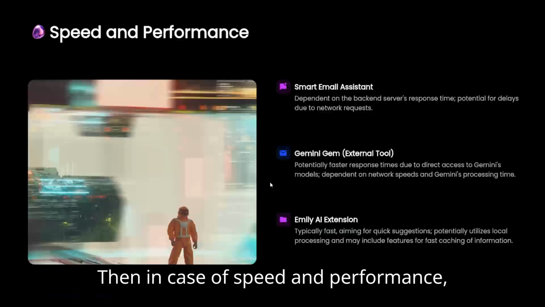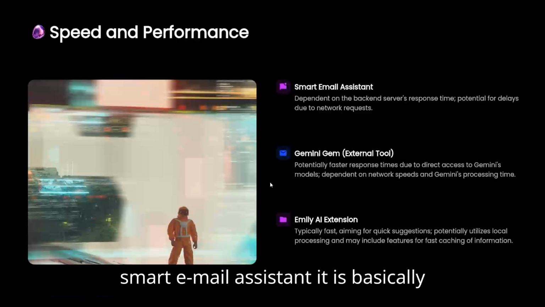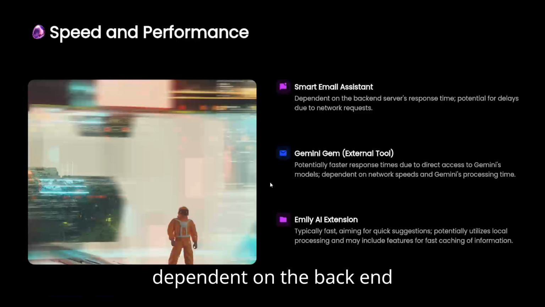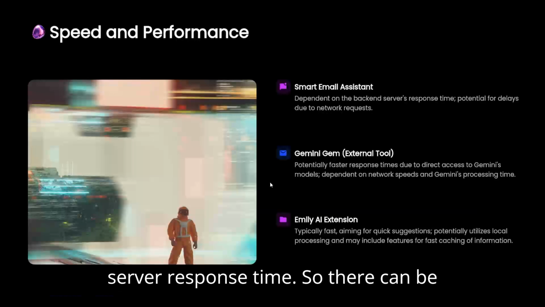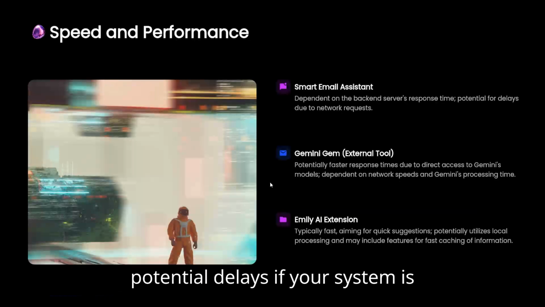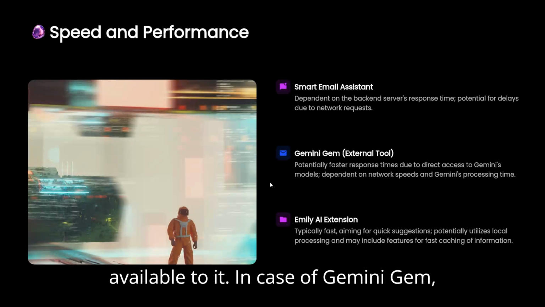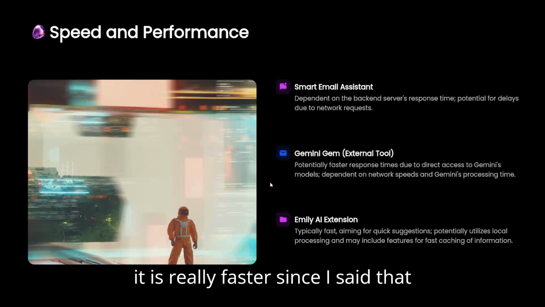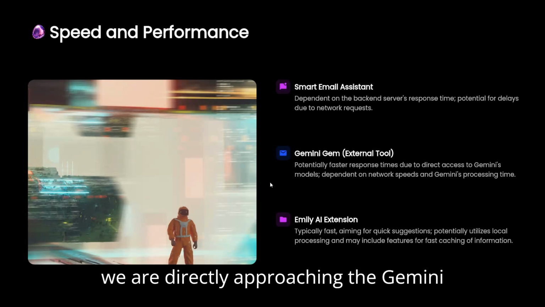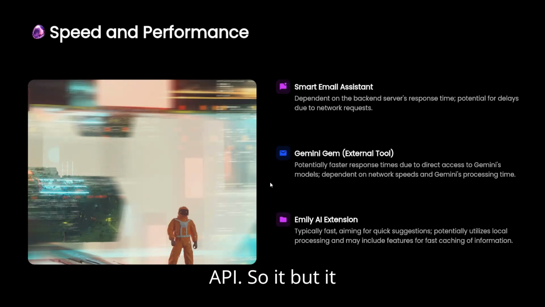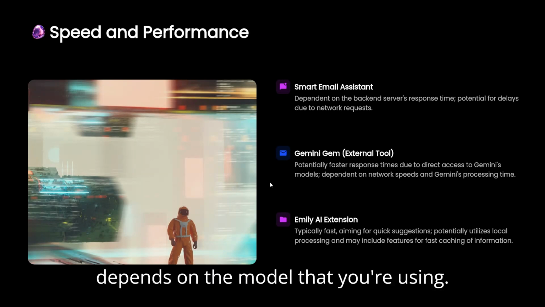Then in case of speed and performance, the smart email assistant is dependent on the backend server response time. So there can be potential delays if your system is working on less RAM or less CPU is available to it. In case of Gemini Gem, it is really fast since I said that we are directly approaching the Gemini API. But it depends on the model that you're using.